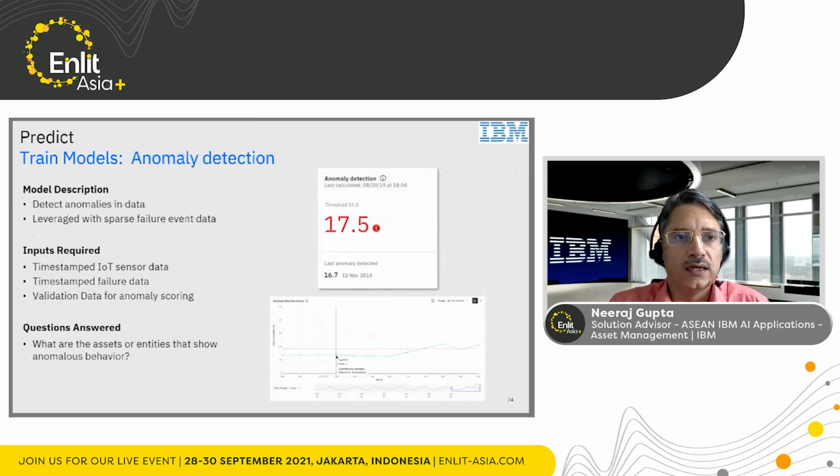And then there is anomaly detection as well, which also helps us. Some defect or anomaly in the behavior of the asset means suddenly there is a major change in the operating parameters, which under normal circumstances is not possible. So something is wrong with that asset or something else. So you can detect those anomalies in the data coming from the sensors in real time.